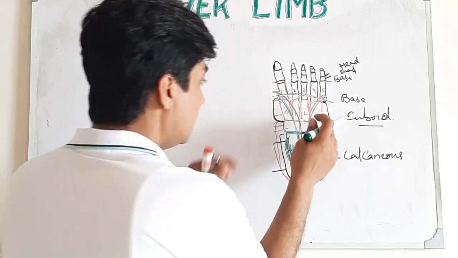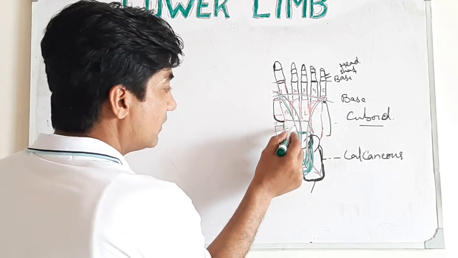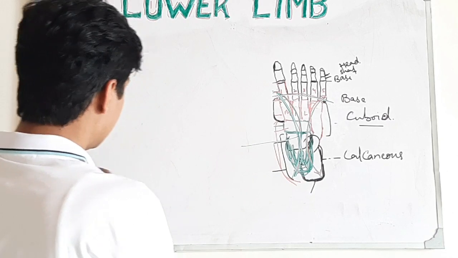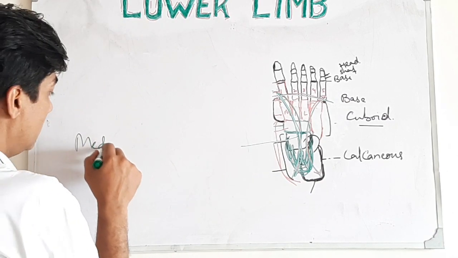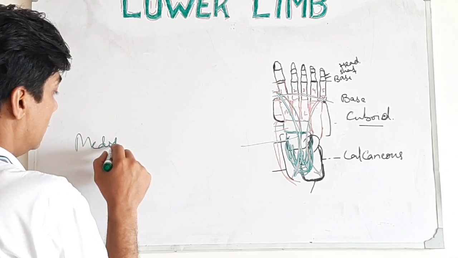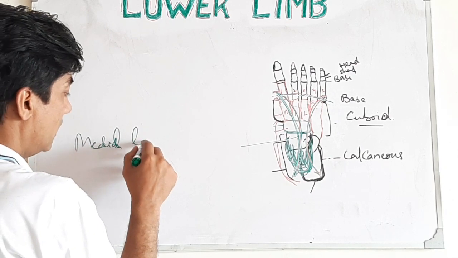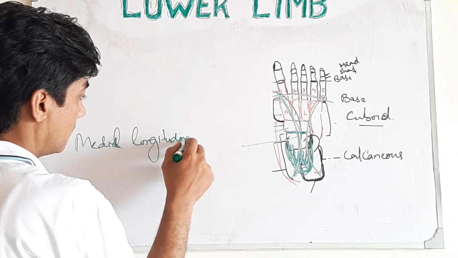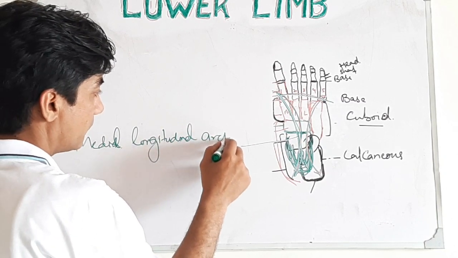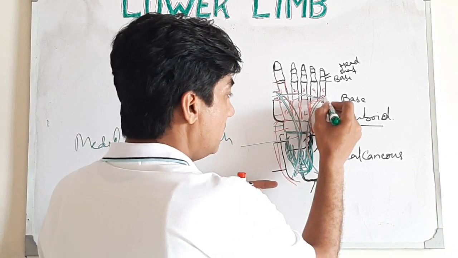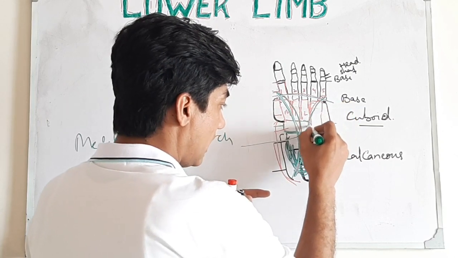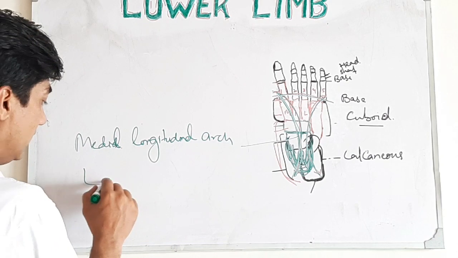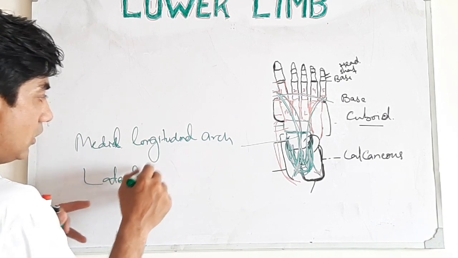Of these two longitudinal arches, this longitudinal arch present medially is called the medial longitudinal arch, and this longitudinal arch present laterally is called the lateral longitudinal arch.